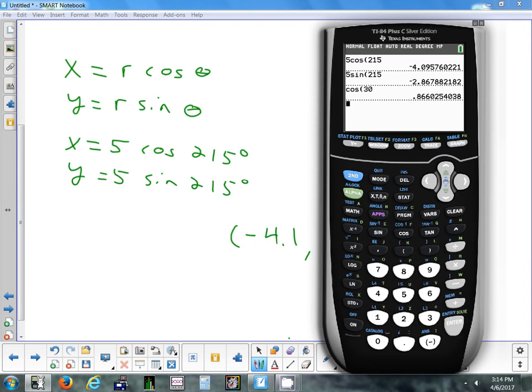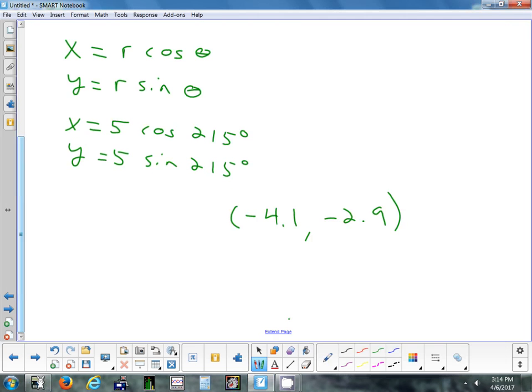What is that? That's a special fraction: root 3 over 2. If you take the square root of 3 and divide by 2, it's 0.866. So if you had to do 5 cosine 30 to calculate an x value, what did we just say cosine of 30 was?